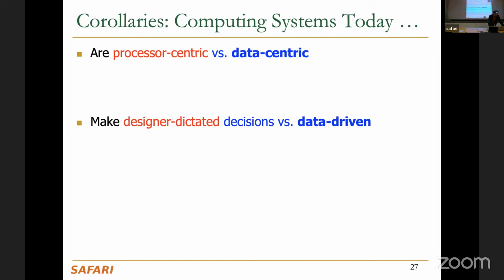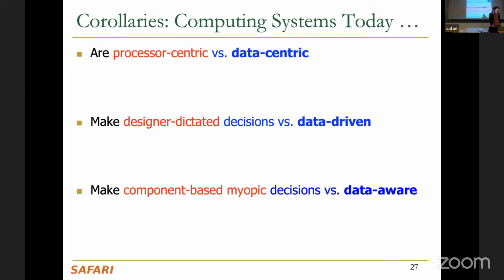The way computing systems have been built is that the designer comes up with some heuristics to make decisions based on what they expect about the workloads and how the computing system should behave. But that doesn't seem to be the smartest way of doing so, right? Because applications may change a lot and different data might have completely different requirements. So it would make more sense to make decisions based on understanding the data.